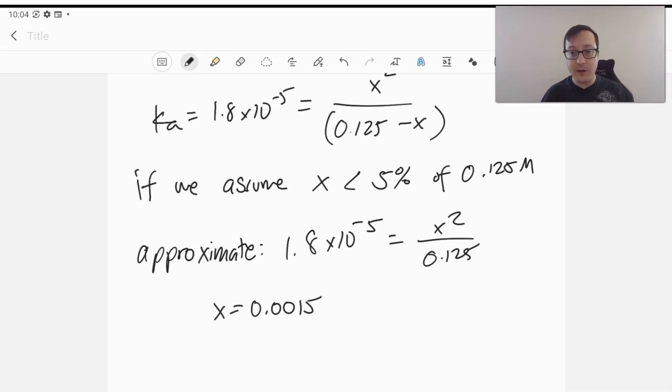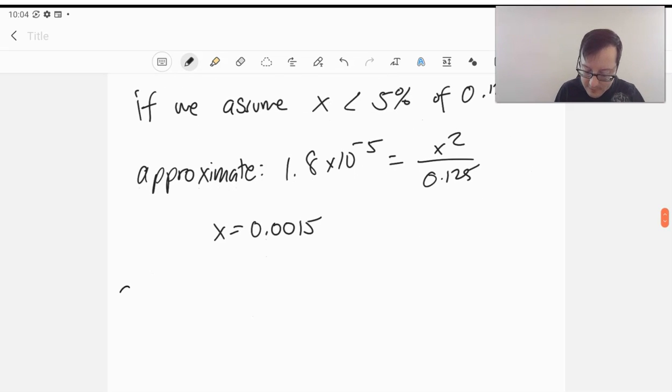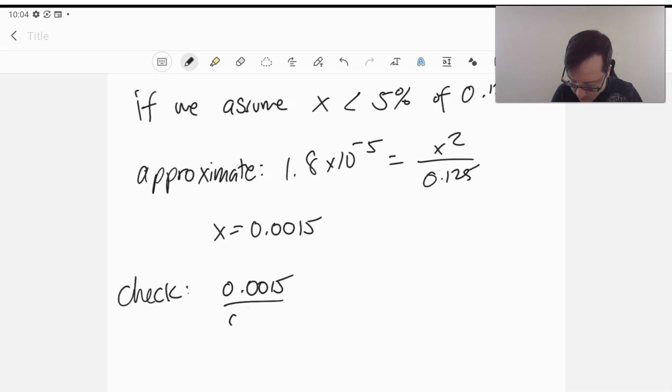And indeed, if we go ahead and take that value, we always have to check that it's less than 5%. So 0.0015 over 0.125. We see here again, that's obviously going to be less than 5%, but let's do it. Take this number, divide by 0.125. We get 1.2%.